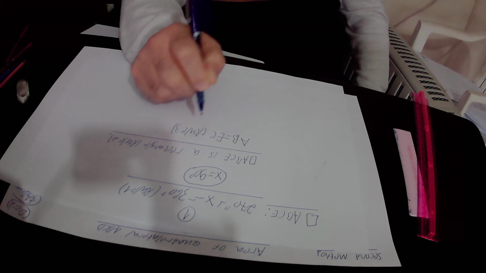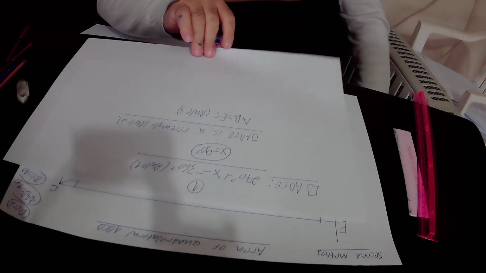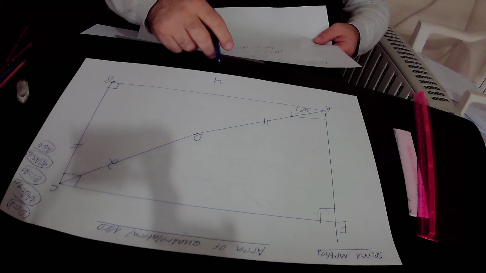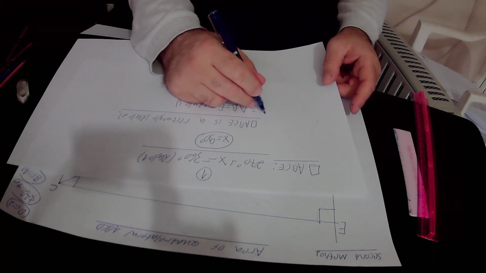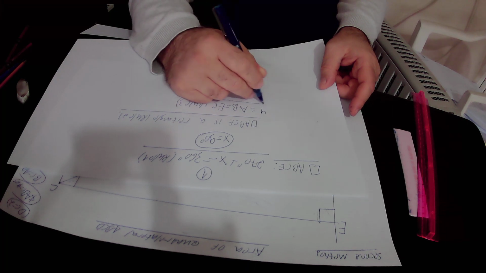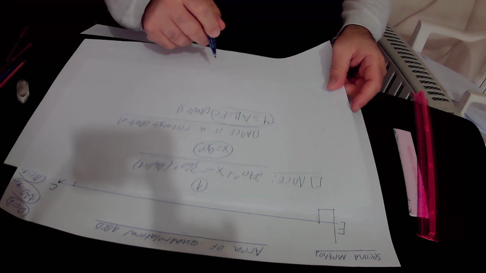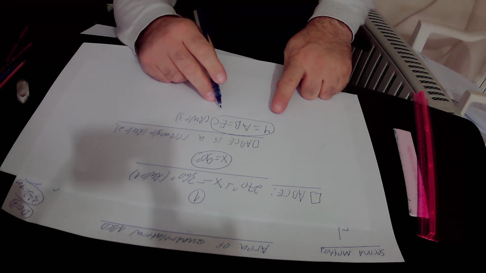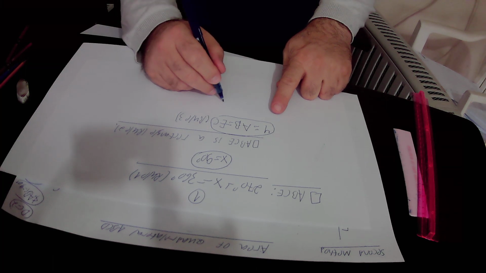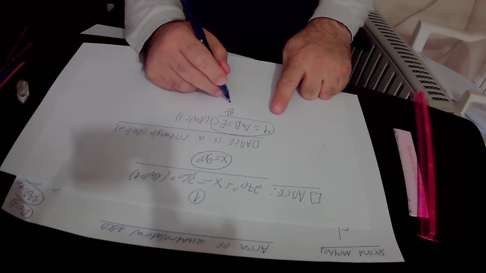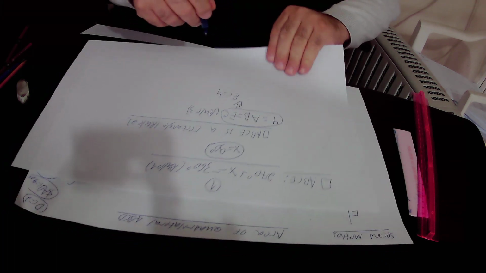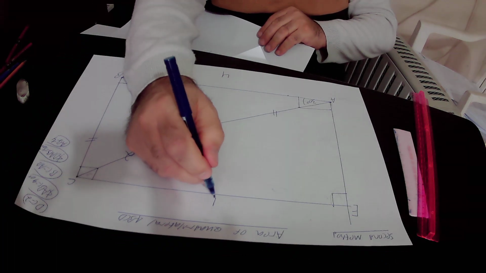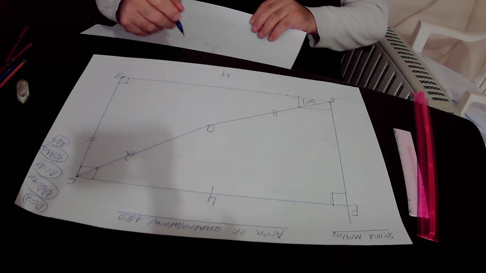But it is given in the question that AB equals 4 units. From this equation, we will derive that EC also equals 4 units.